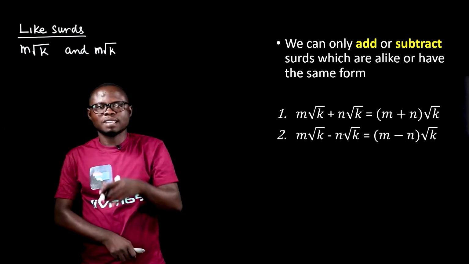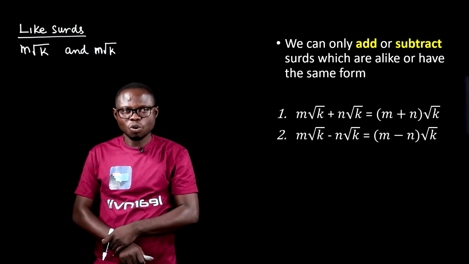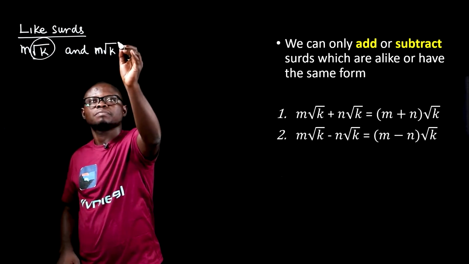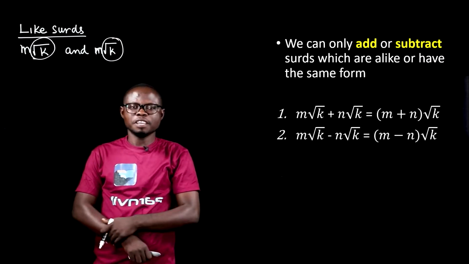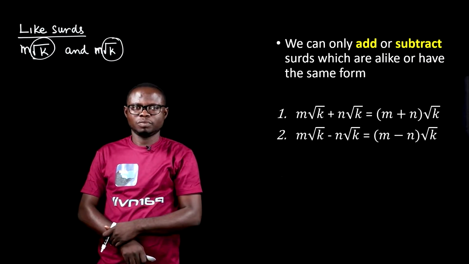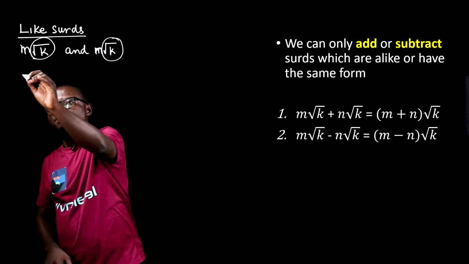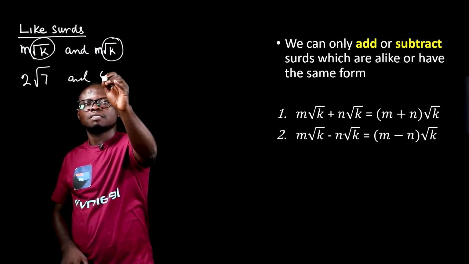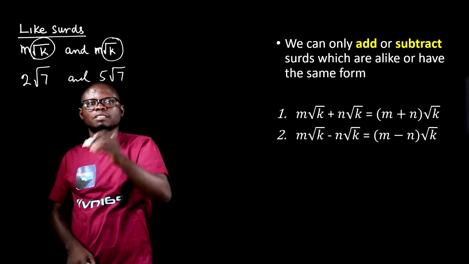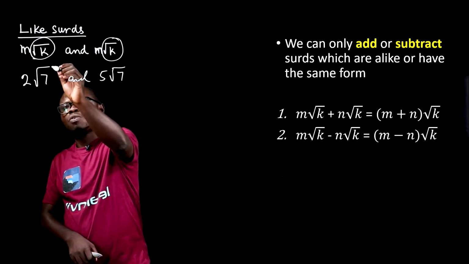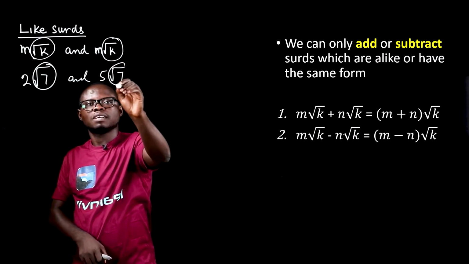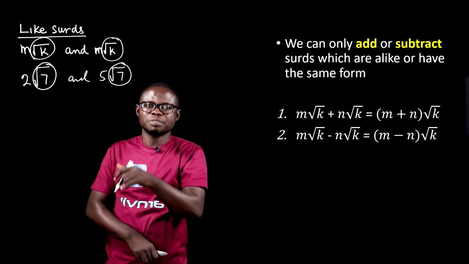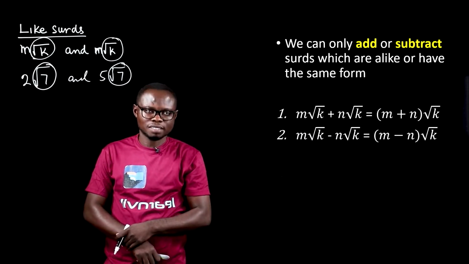The two surds are like because their surd part is the same. This means if I give you 2 root 7 and 5 root 7, because the surd parts are the same, we call 2 root 7 and 5 root 7 like surds.